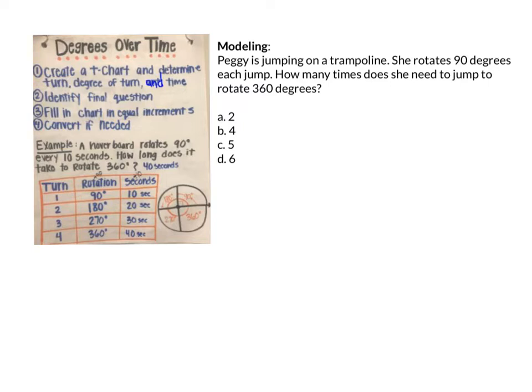So let's highlight the important information in our problem. She rotates 90 degrees for each jump, and I want to find out how many times she needs to jump to rotate a full 360 degrees. So take a look at our anchor chart for degrees over time.